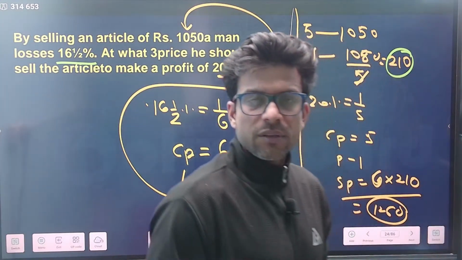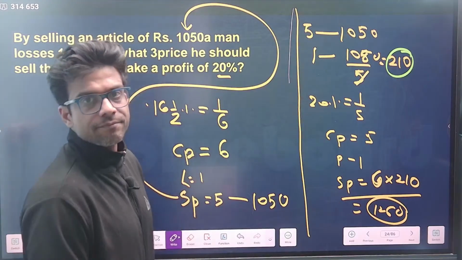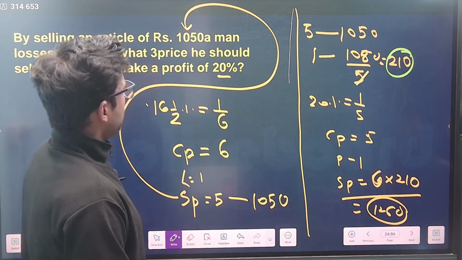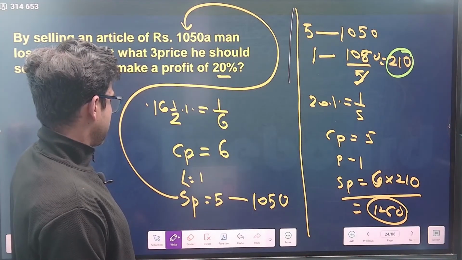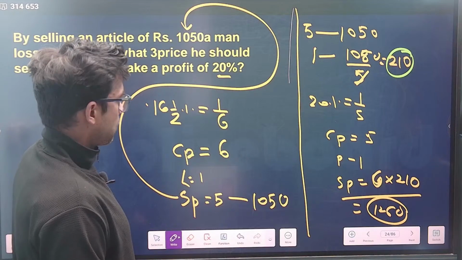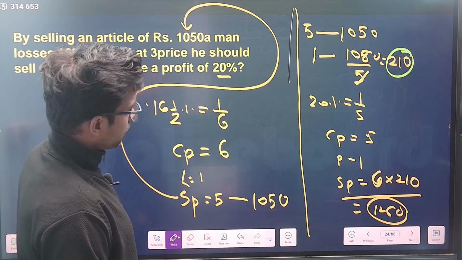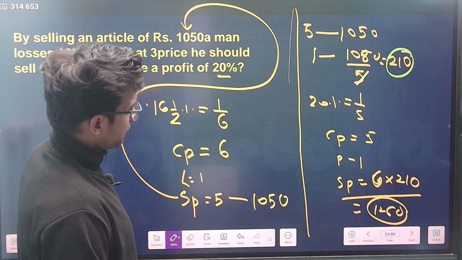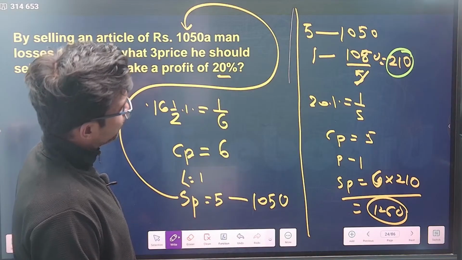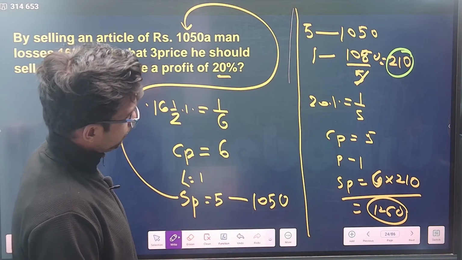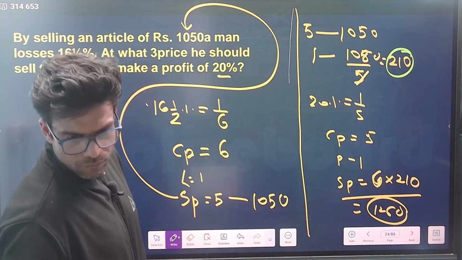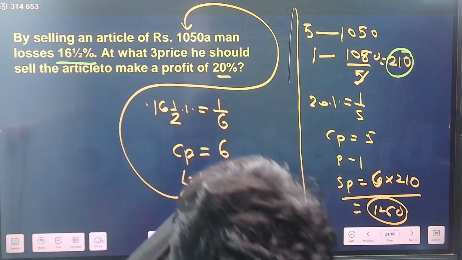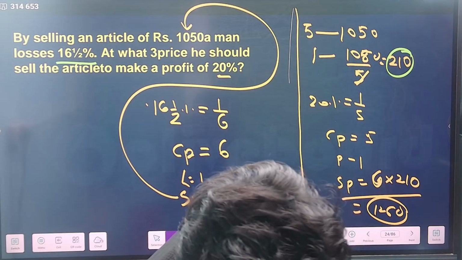I think I did something wrong. Oh my God, I did something wrong. Isn't it? Or it's correct? 1260 is coming as the answer, na?